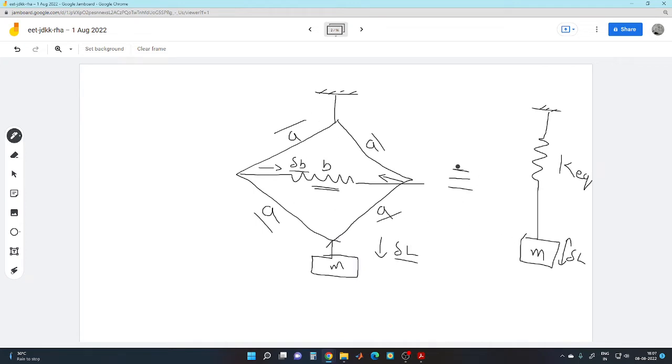This is what we were trying to achieve: we wanted to simplify this whole spring system into a simplified spring-mass system, and we were finding the K equivalent for the same.